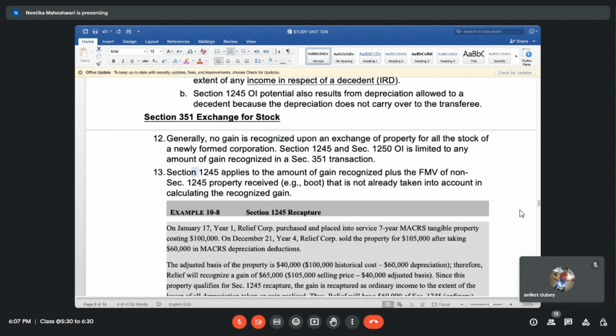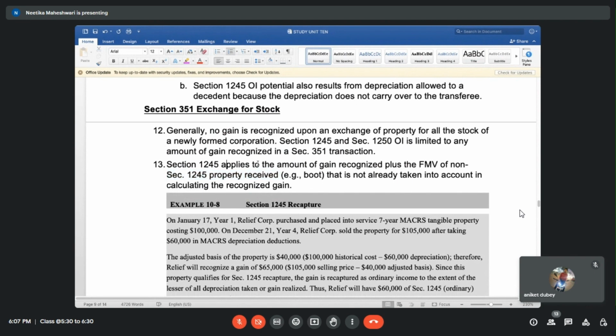Section 1245 applies to the amount of gain recognized plus the fair market value of non-section 1245 property received. We will go through this example and we'll see this. What they're saying is, any gain which is recognized, obviously we will use section 1245 if it's personal property. Any fair market value of non-section 1245 property if it's received, boot, meaning cash.